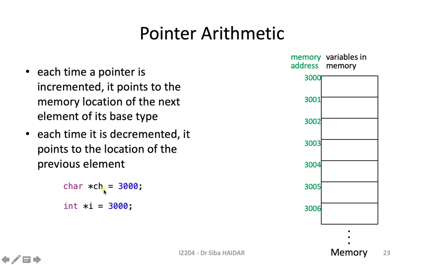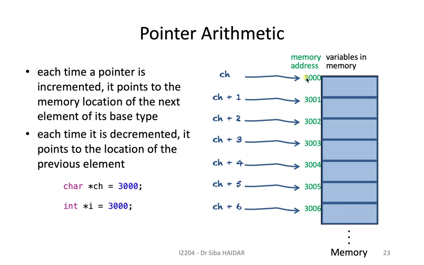So basically, ch and I both point to this 3000 address in the memory. So this is ch. If I say ch plus 1, it will be the next variable in the memory. Why? Because the characters occupy 1 byte, suppose. If the characters occupy 1 byte, then we can store here 7 characters.